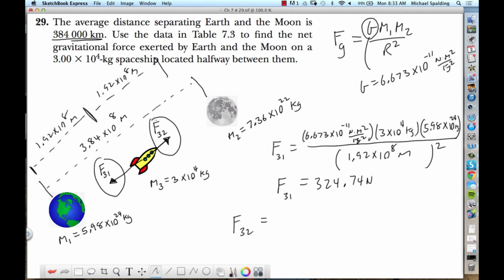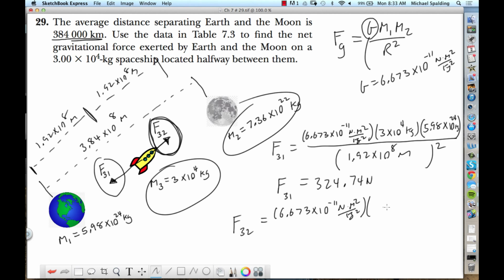All right, now we find F32, which is going to be the force of the Moon on the spaceship. So we're plugging in again, 6.673 times 10 to the negative 11 Newton meter squared over kilogram squared. All right, so now we're doing this mass and this mass. So this will be 3 times 10 to the 4th. The mass of the Moon is 7.36 times 10 to the 22nd.